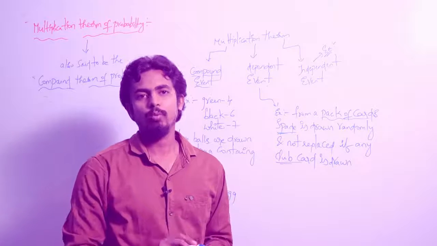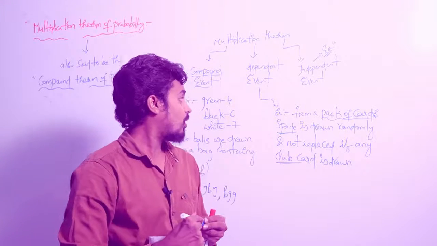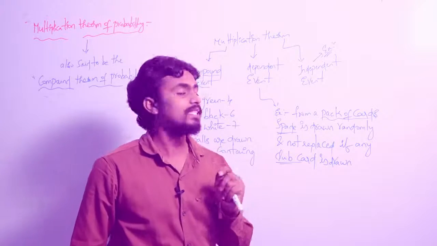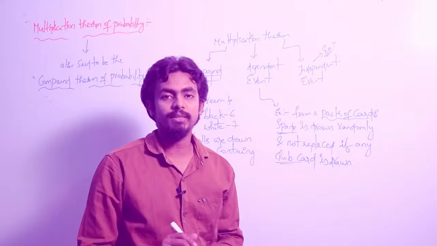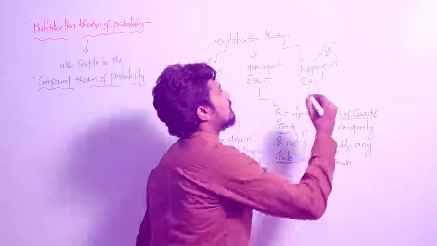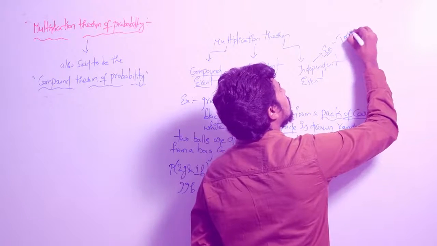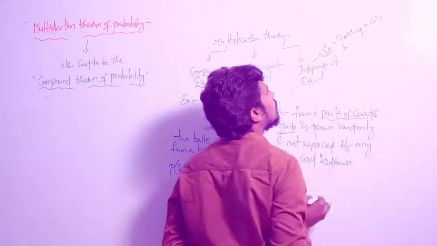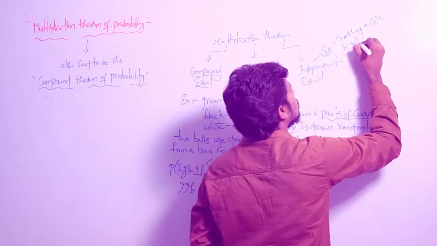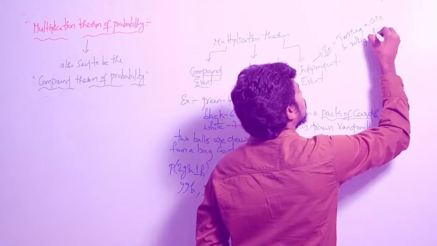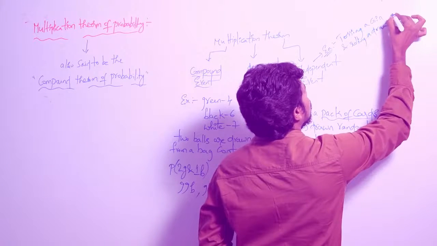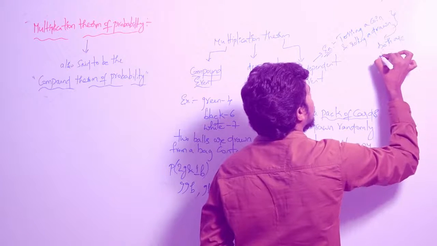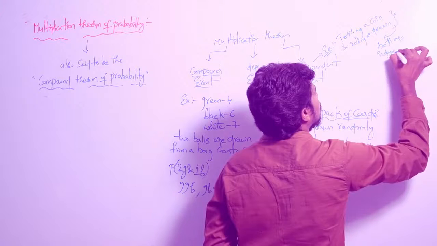There will be no exclusion or no dependency in those two events. Hence this will be said to be the independent event. Example, tossing a coin and rolling a dice. Both are independent.